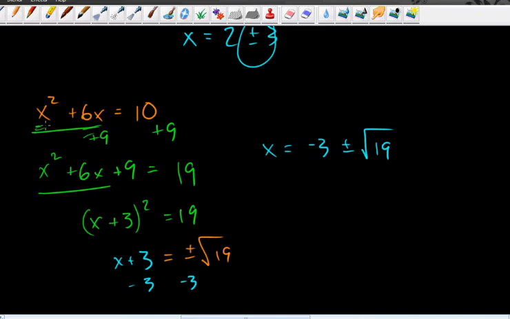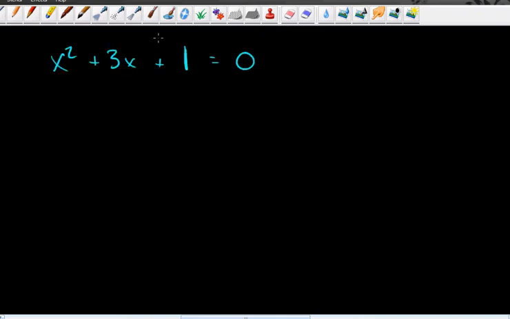Okay, I'm going to show you a couple more examples of some ways that we can complete the square, being a little bit trickier, but the basic gist is we look for the x squared term and the x term, and we take half of the coefficient of x, and we square it to figure out what needs to be added.